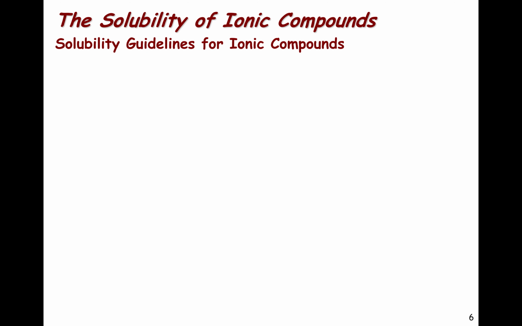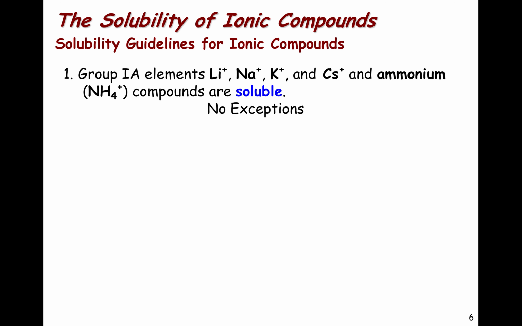On this slide, we will go through the solubility rules. These are a set of guidelines that you should memorize and will help us predict whether or not a precipitate will form when we combine aqueous solutions. The first rule is that we have soluble species if the ionic compound contains a group 1 ion.